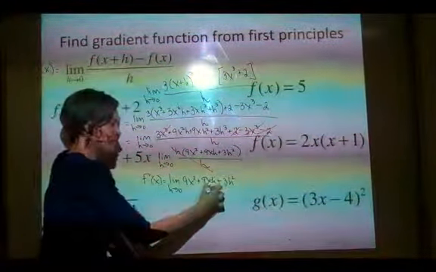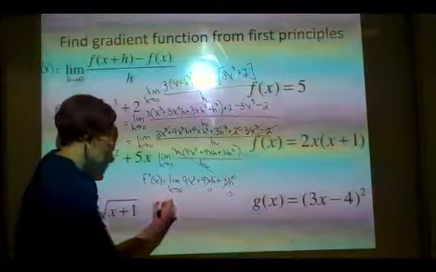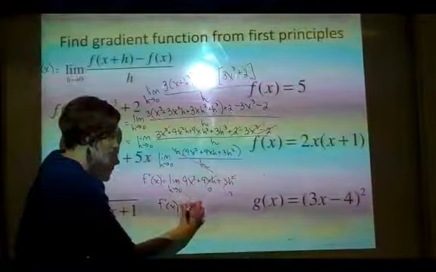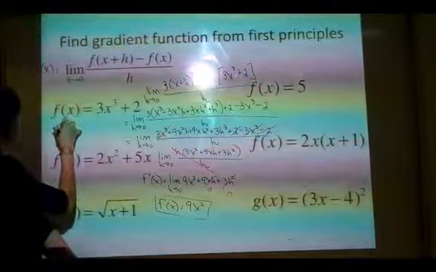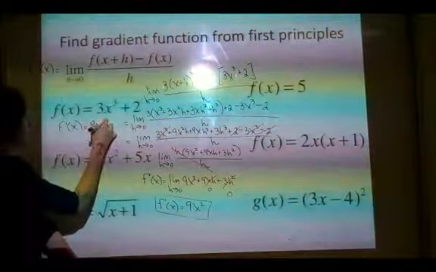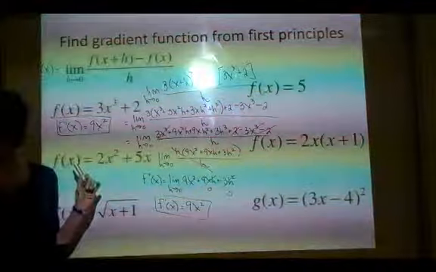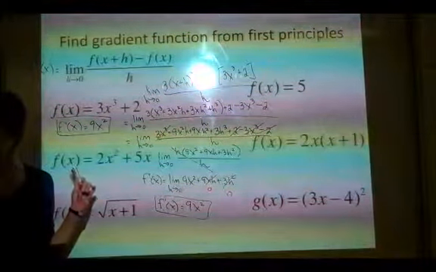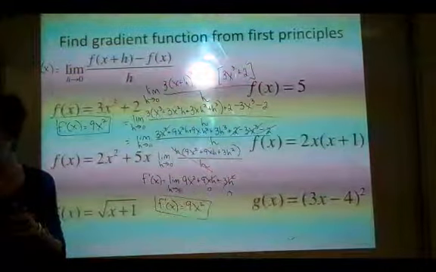No problem with plugging in 0 now, right, for h? So f prime of x is equal to 9x squared. F prime of x is the slope function, the gradient function. It tells me the instantaneous rate of change of this graph.